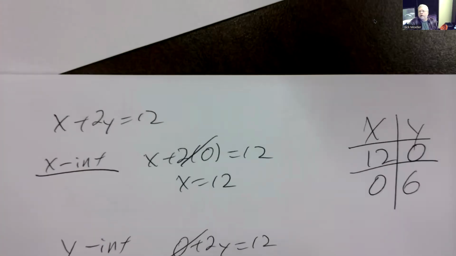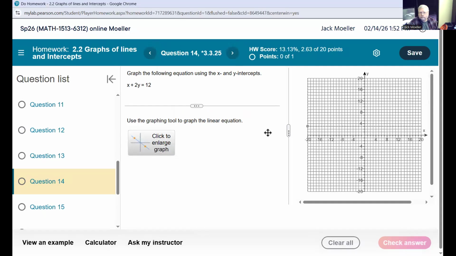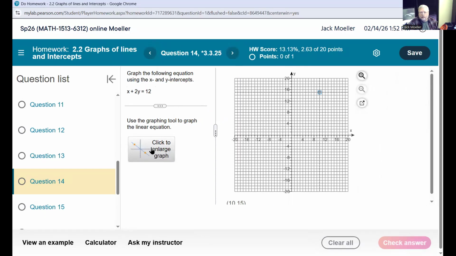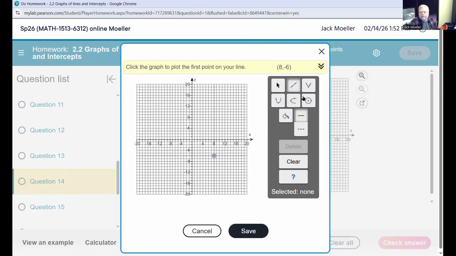So how do we graph this? Let's click to enlarge here. I don't know about you, but that didn't enlarge it a whole lot, though it helps a little bit. All right, so how do you graph in MyMathLab? Well, we're graphing a line, so grab your line tool.